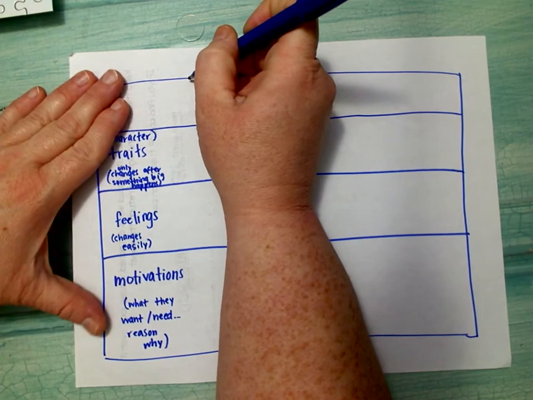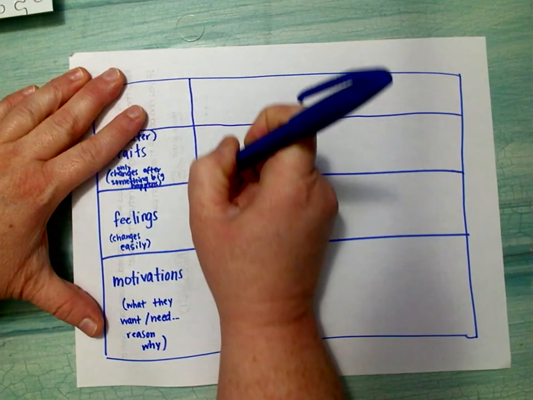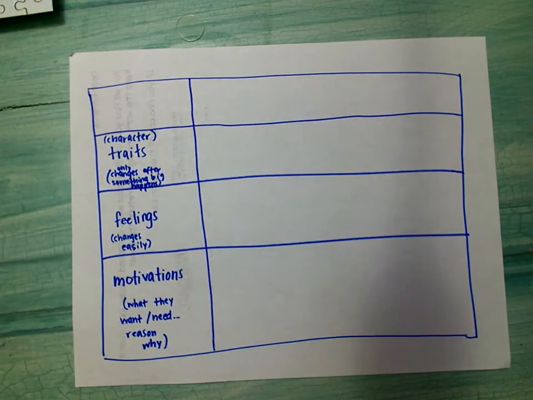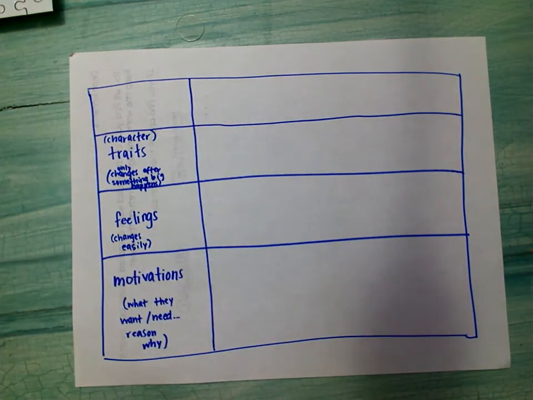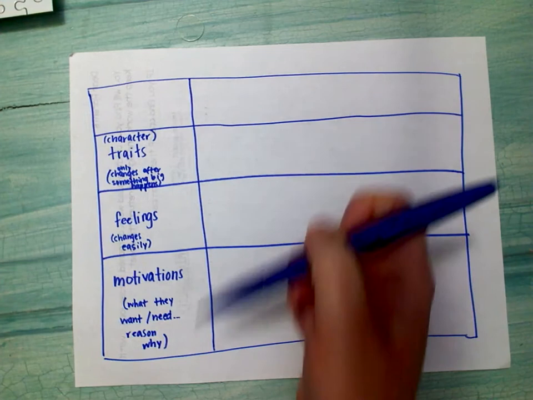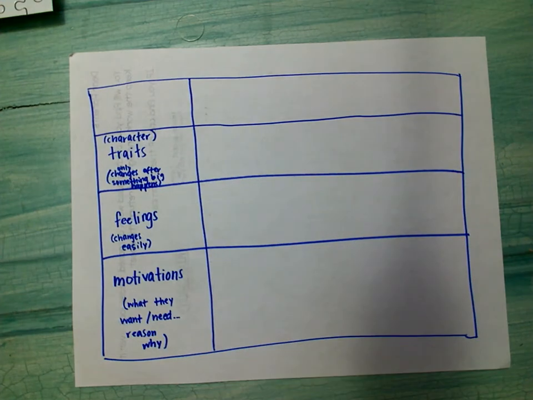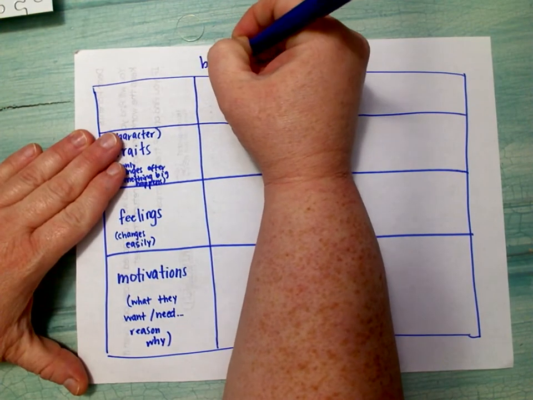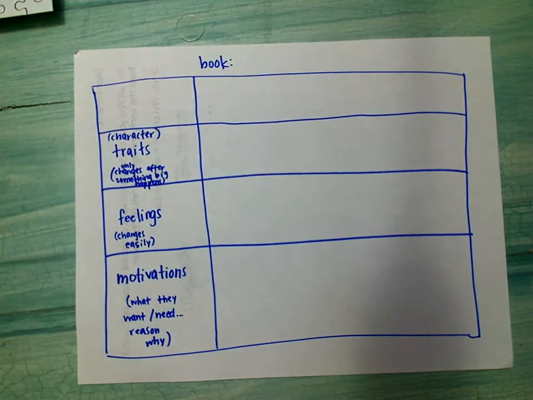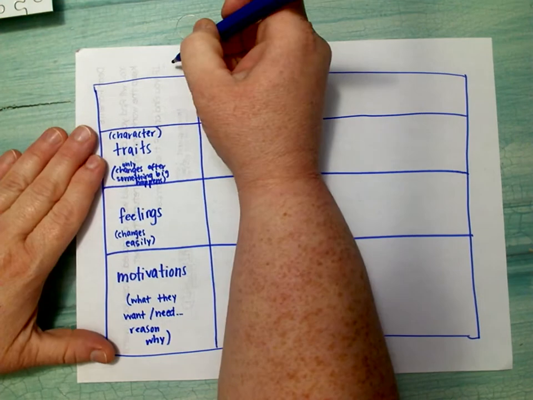Now, what we're going to do today, now that we are reminded of, or if we learned, depending on where you are, three ways to describe our characters, is choose a chapter book. So I want you to choose a chapter book that you have either read and have at home, or you are going to read.